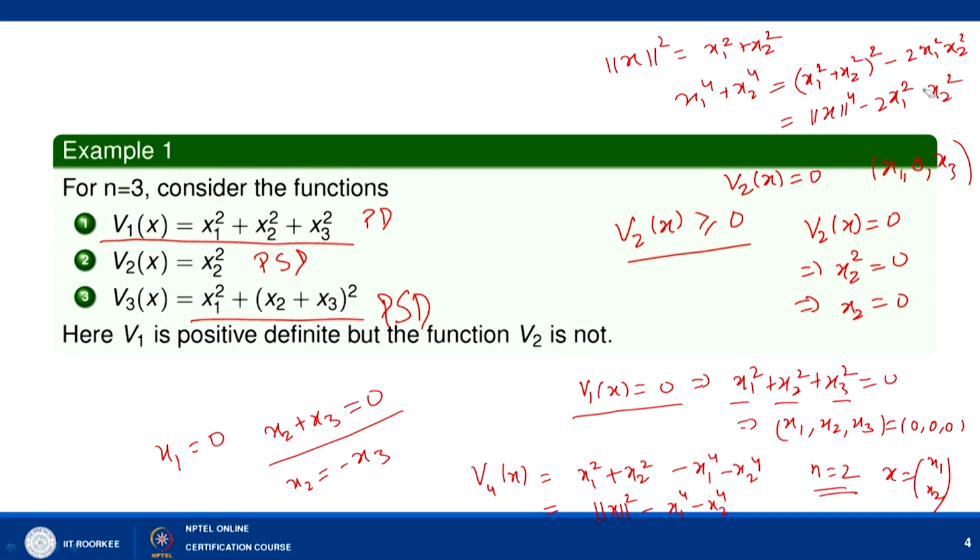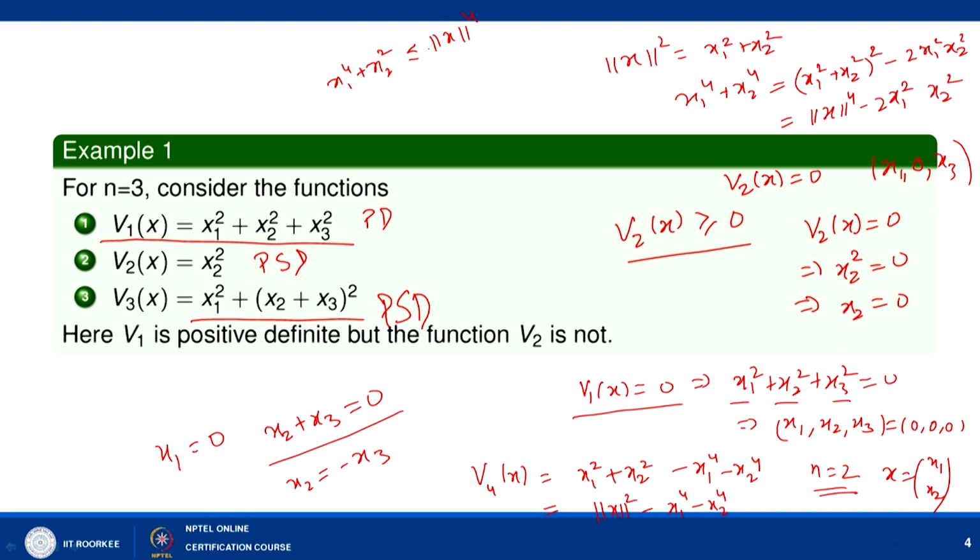So, x1 to the power 4 plus x2 to the power 4 is some value which is less than or equal to, sorry, norm of x to the power 4 here.